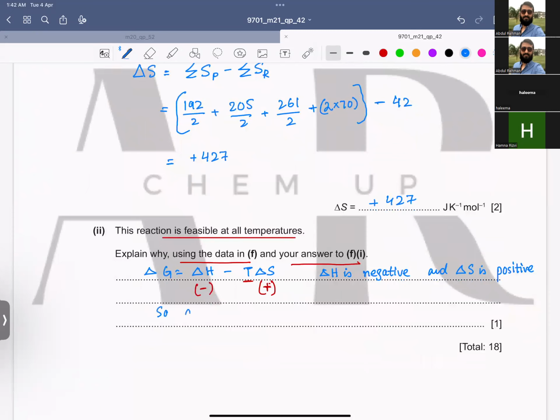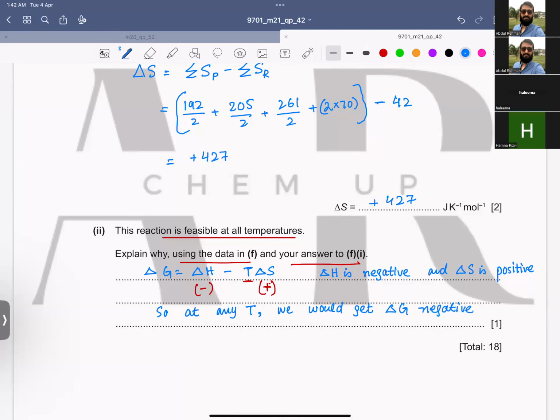So at any temperature, we would get delta G negative.